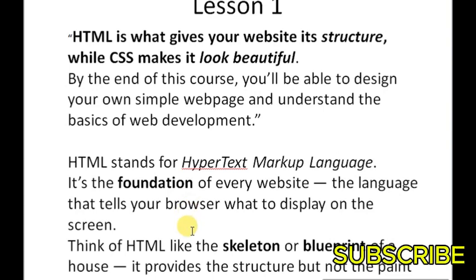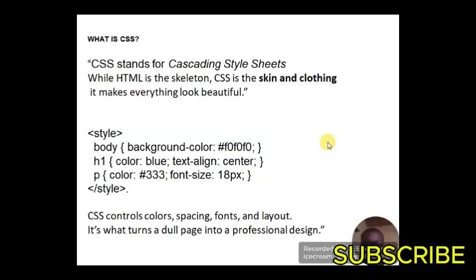It provides structure but not the paint or decoration. As I told you, it provides the structure only, but not the paint. Paint or decoration is given by CSS, cascading style sheets.